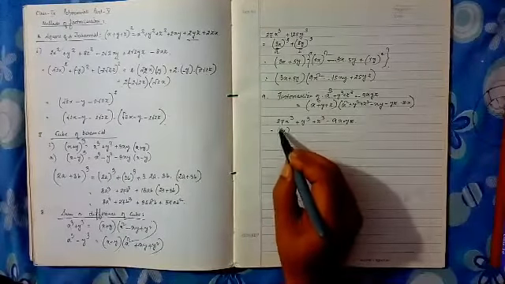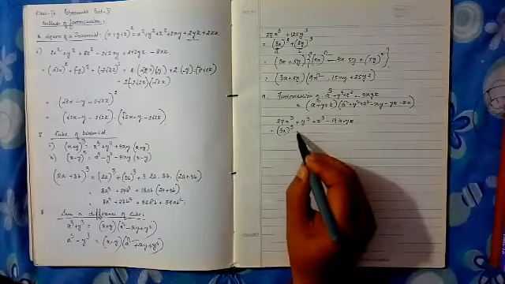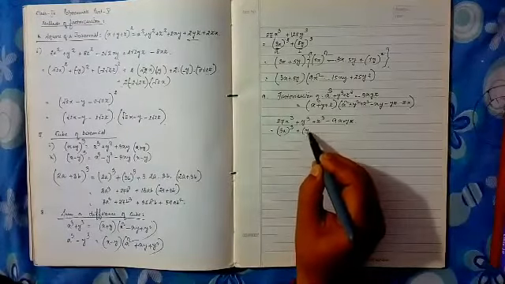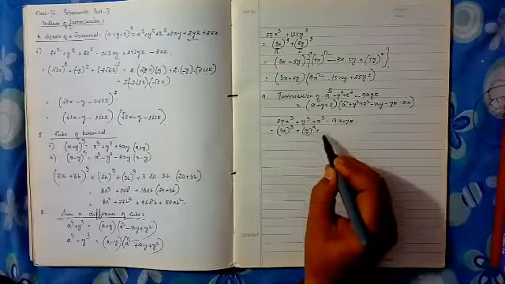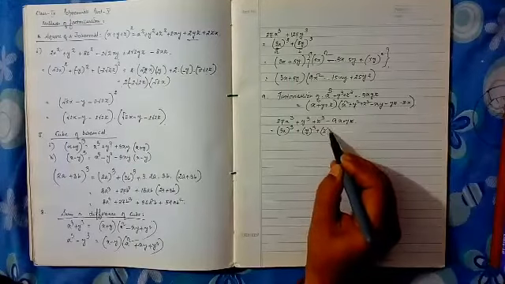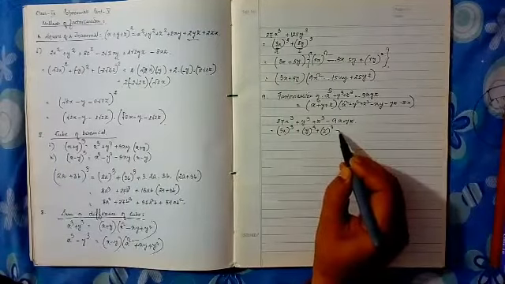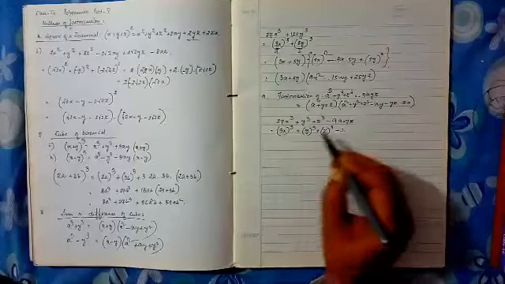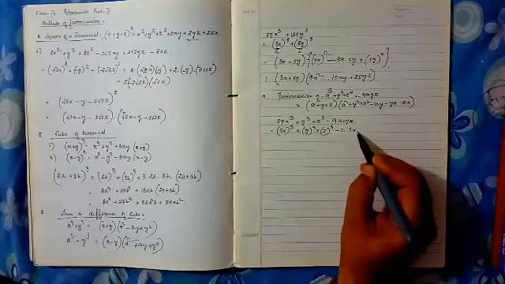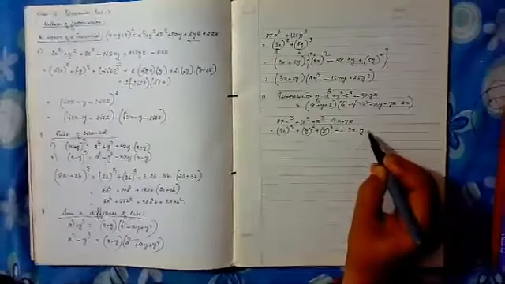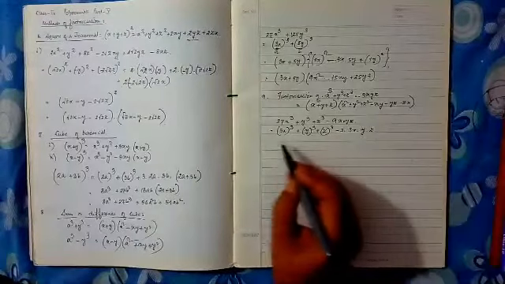There is 3x whole cube plus y whole cube plus z whole cube minus 3 into the first term 3x into the second term y into the third term z.